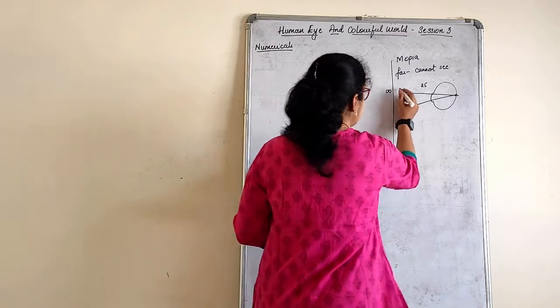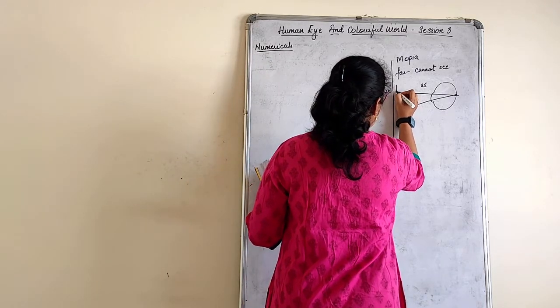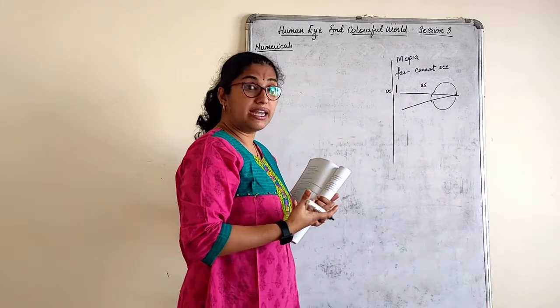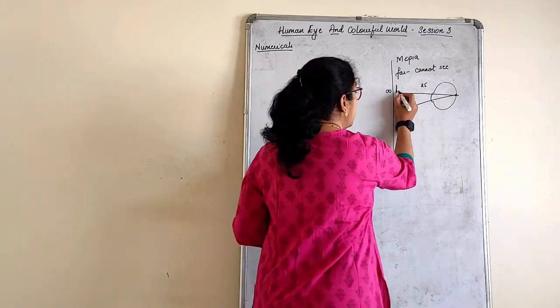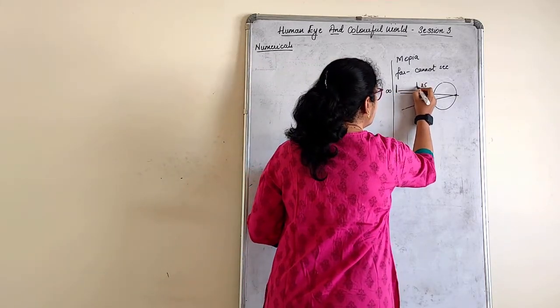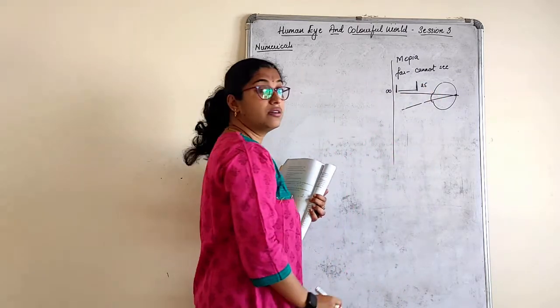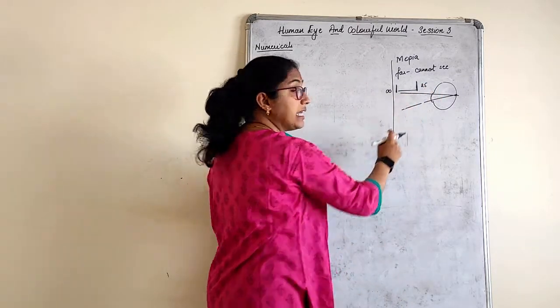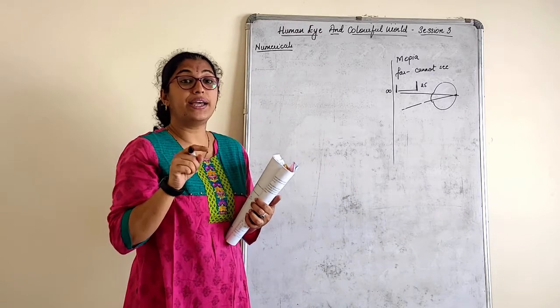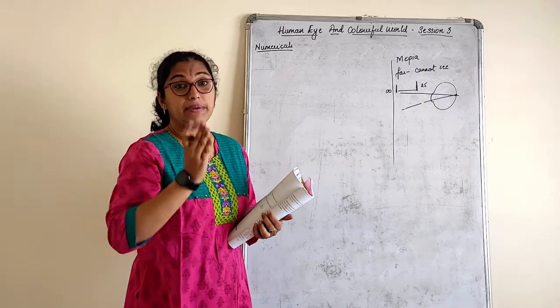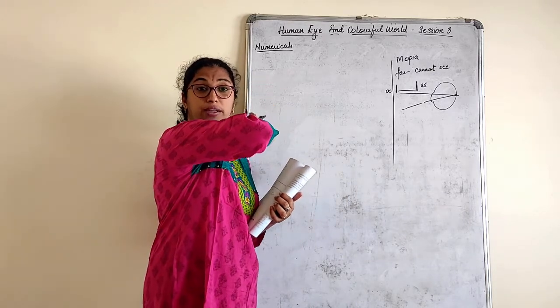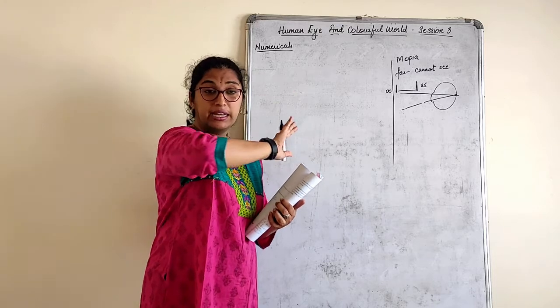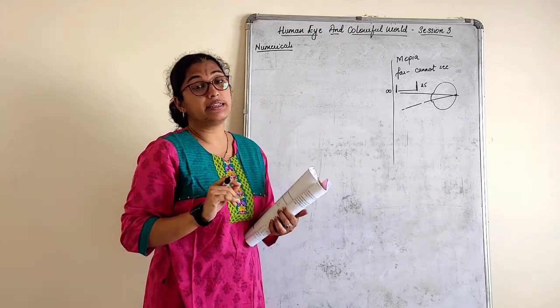That means the object which is kept here, I cannot see at all. Where I can see is when it is moved to a certain distance. This is my point where I can see the image. Whatever object is very far, it cannot be seen. If it is brought to that much only, it can be seen.